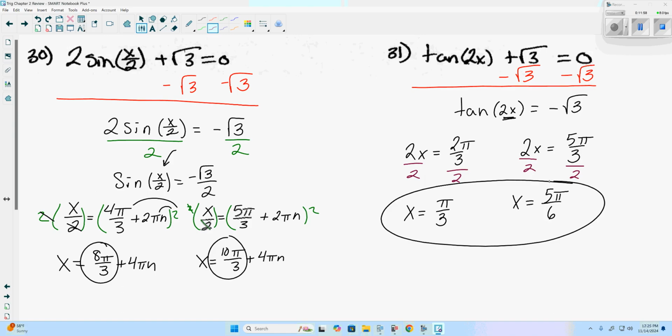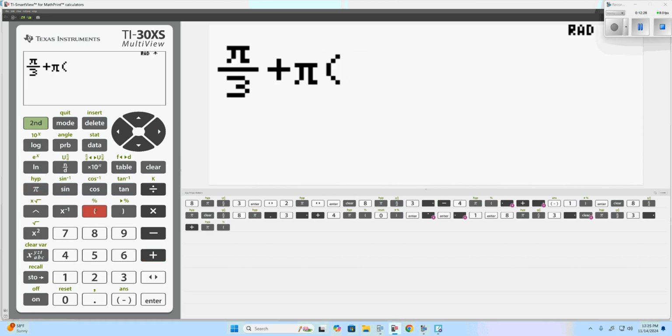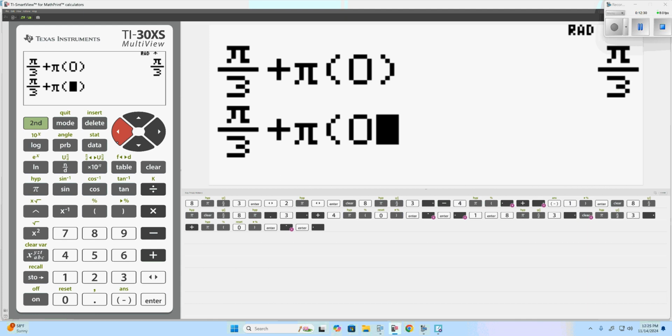Here we could possibly get alternate answers, because if we added the 2 pi n, we would have to divide it by 2 also, which would just give us pi n. And then we could do pi over 3 plus pi times 0, which is pi over 3. Okay, that doesn't change anything.